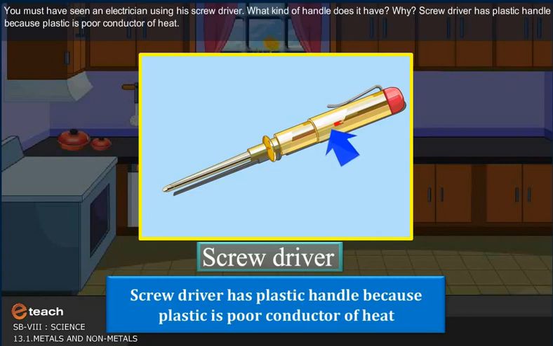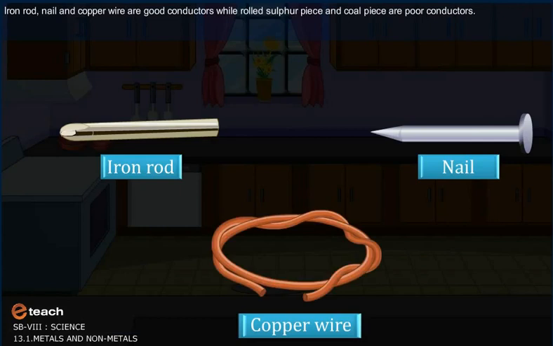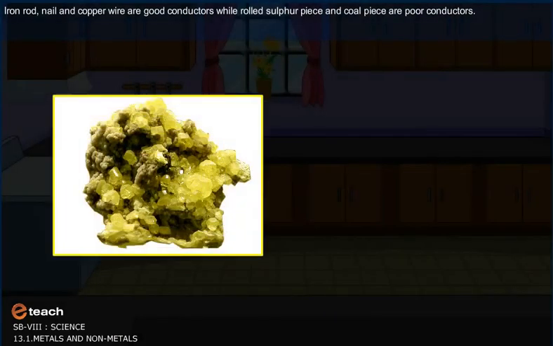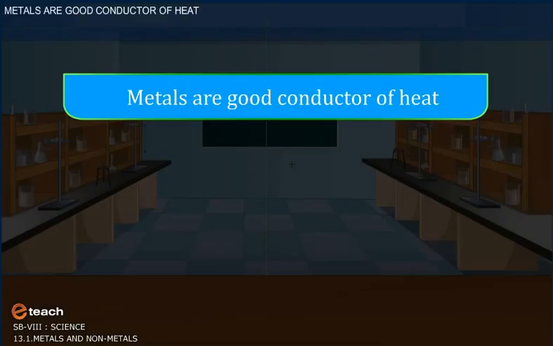Screwdriver has a plastic handle because plastic is a poor conductor of heat. Iron rod, nail and copper wire are good conductors while a rolled sulfur piece and coal piece are poor conductors. Metals are good conductors of heat.